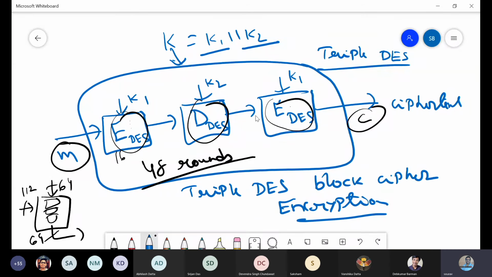Bob will do just the reverse thing. This is encryption; Bob will do the decryption of DES using the same key. Then, since this is a decryption, Bob will do the encryption using the same key K2, and so on.